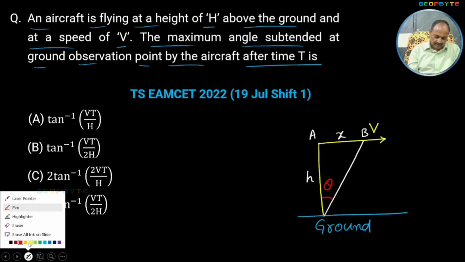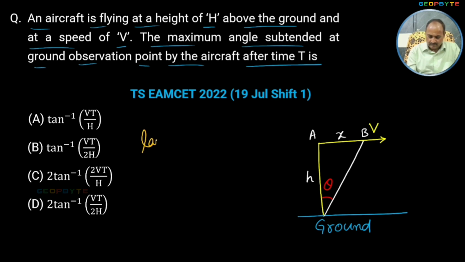Then look at the tan theta. Tan theta equal to x by h. But x equal to what? X equal to velocity multiplied by time. Time taken to reach B from A is given as t. So x equal to Vt, divided by h.